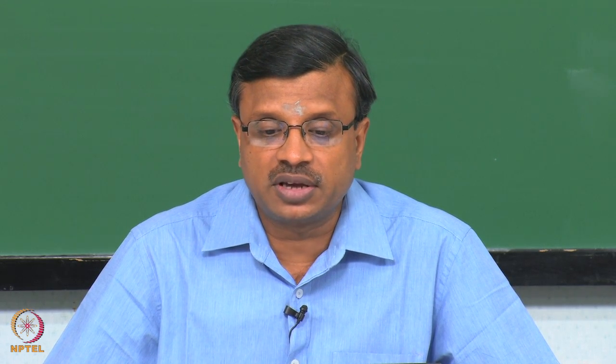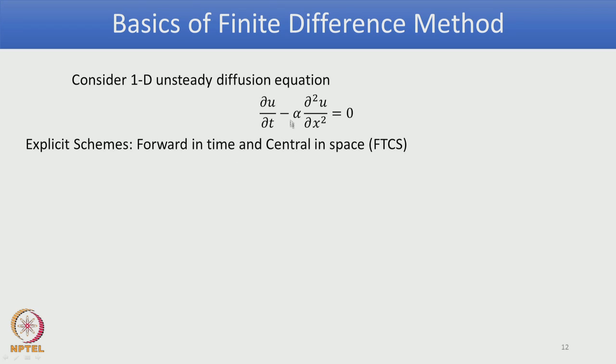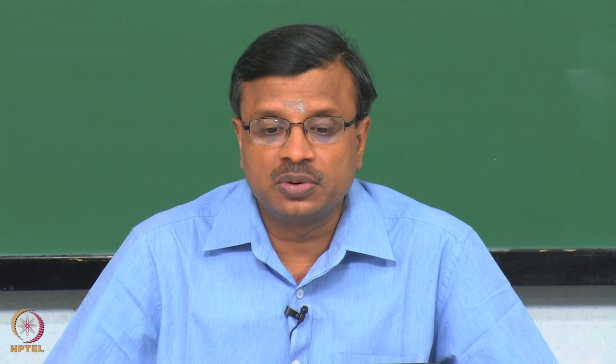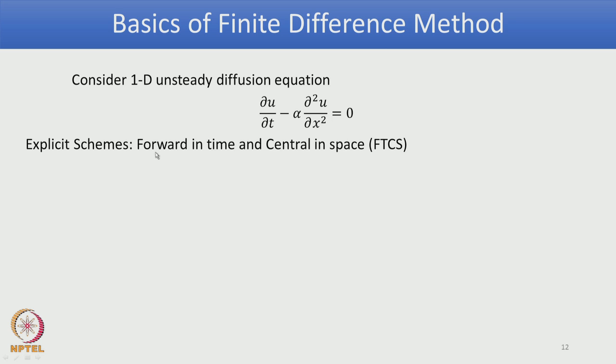In this case, first we have a time derivative component, dou u by dou t, and the second term is a second derivative for the spatial expression. So, we can apply whatever procedure we got from the Taylor series expansion for forward difference and backward difference to these equations also, whether it is a time derivative or a spatial derivative, it does not matter. In the sense, if you say forward in time, central in space, you write it as FTCS.